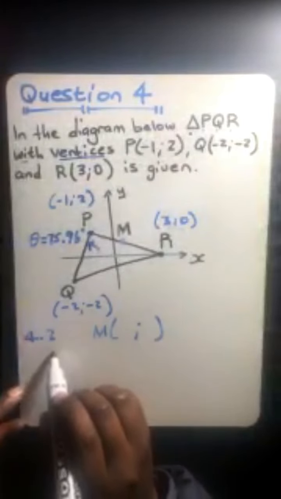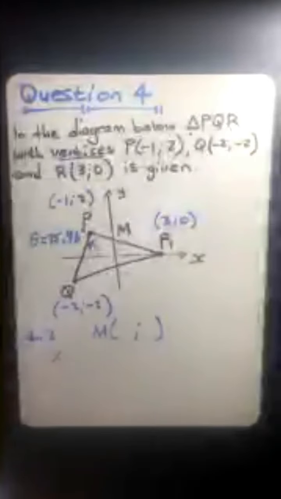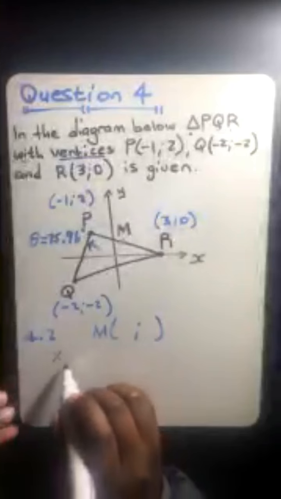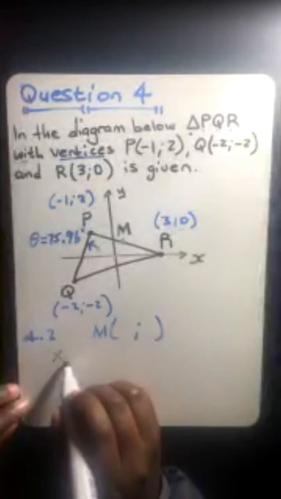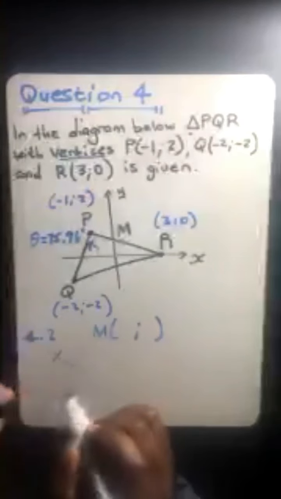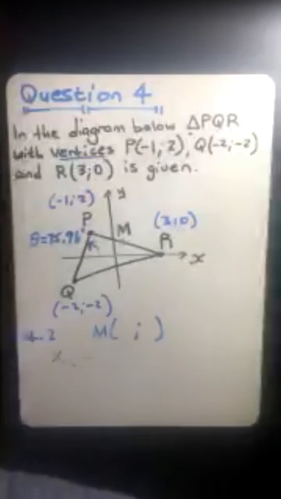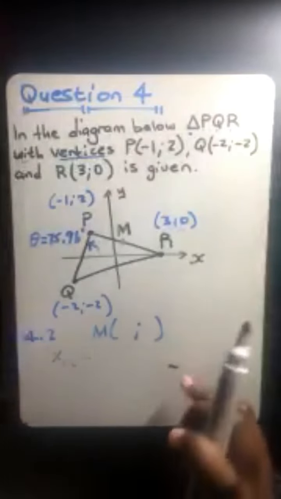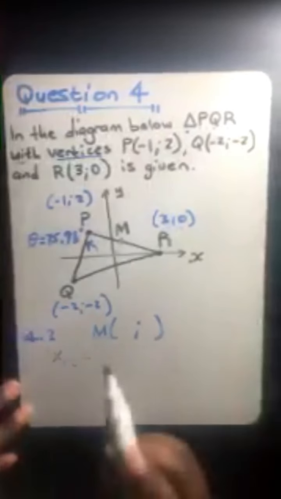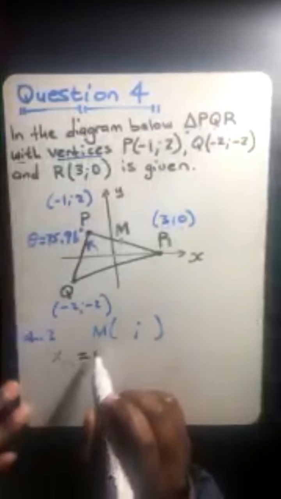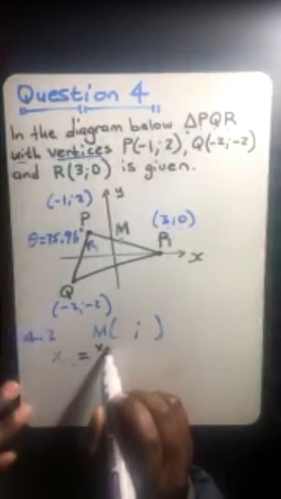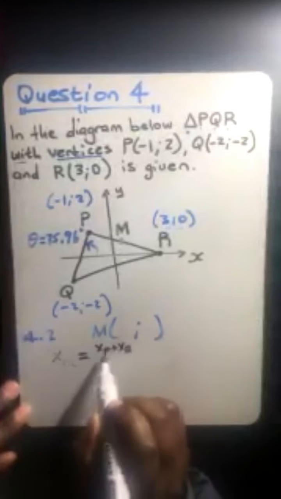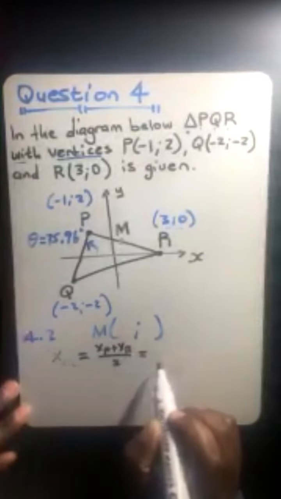Okay, let's see. We do know very well that the X value of the midpoint of PR is going to be equal to X of P plus X of R divided by 2.